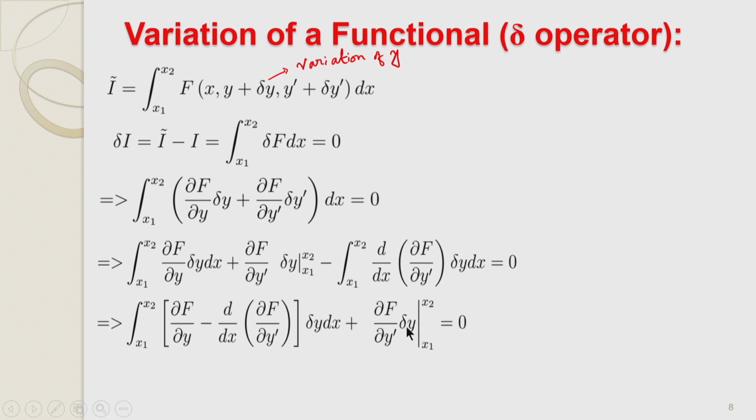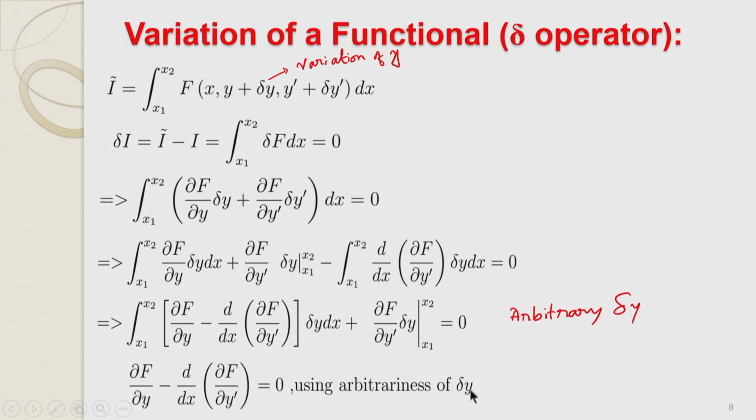Now, if y is prescribed at x1 or x2, then delta y is 0, that is the Dirichlet boundary condition. The other boundary condition can be del f del y prime, that is Neumann boundary condition. Now, all this is for any arbitrary variation, that is arbitrary delta y.